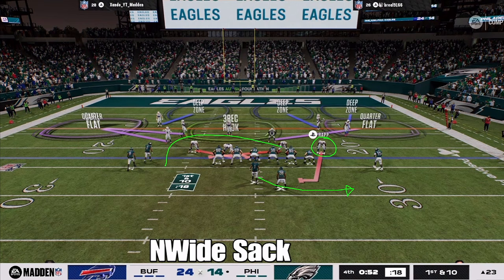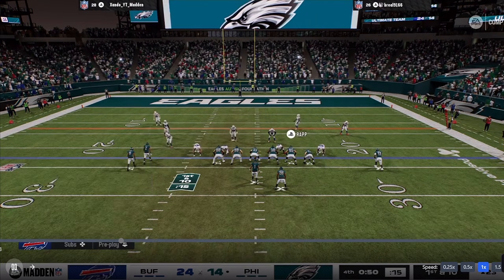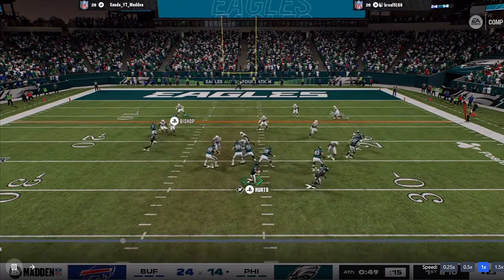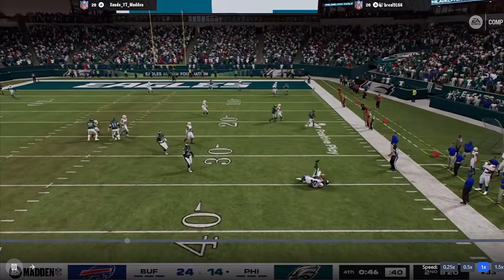So real quickly, the pirate stunt is not going to be in every formation. If you're confused when you get in a particular front and you're looking for a specific stunt and it's not in there, a lot of the time it has to do with the alignment of the front. Sometimes you need a specific alignment, or you can't have a specific alignment, to run a particular stunt.